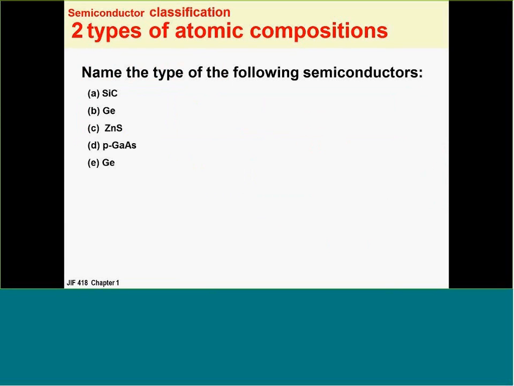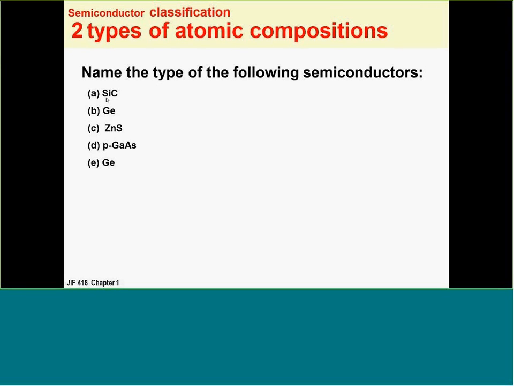Just now, we discussed naming or classifying semiconductor based on its atomic composition, where under that topic, there are two ways of classifying: based on the number of elements and also based on the purity.